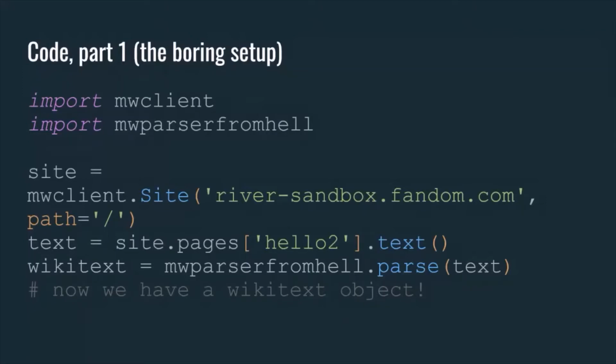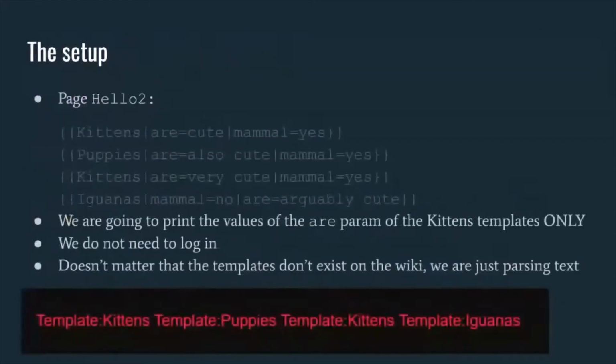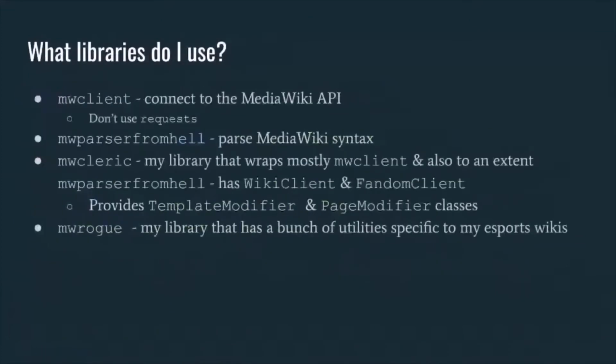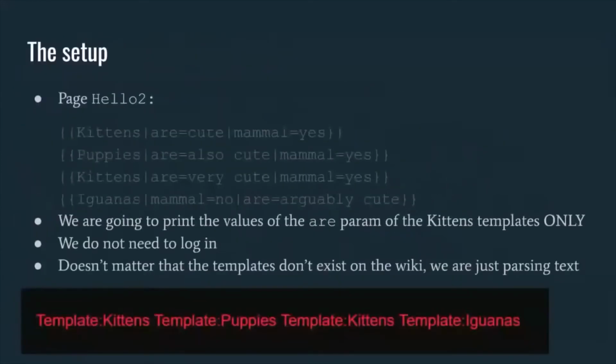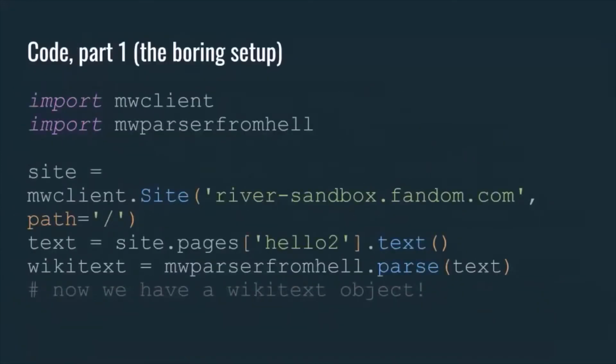So site.pages and then the name of the page is how we get the page object. Let me quickly go back. Last time we had that save method after site.pages hello, and this time we're going to have the text method. So still very easy things to do.